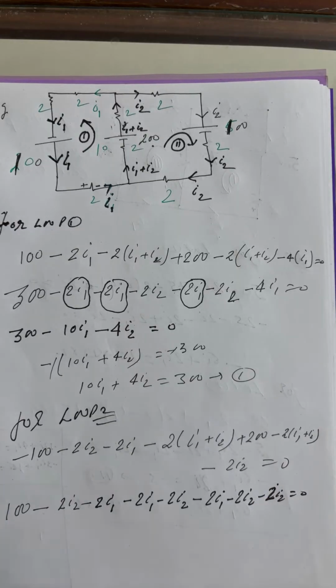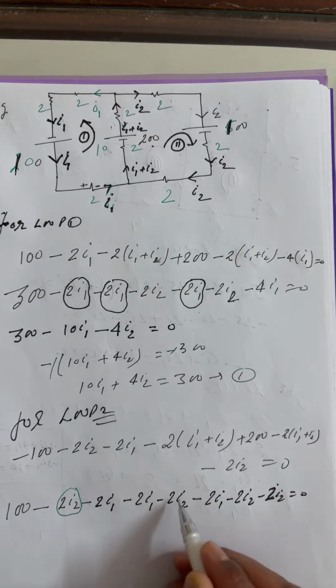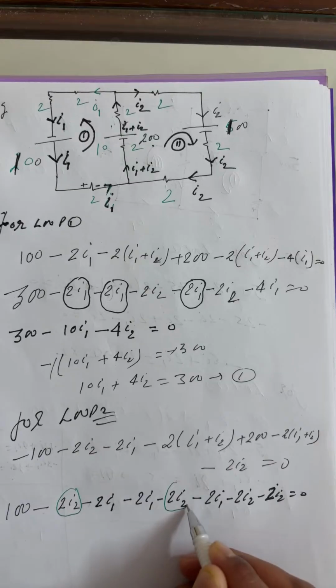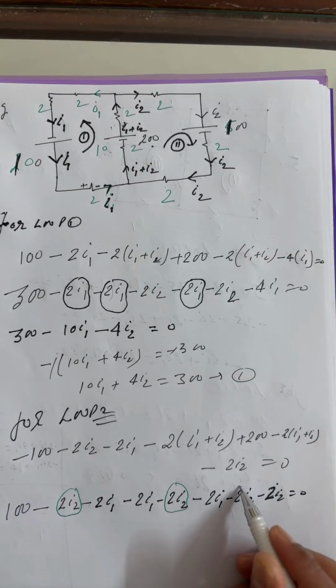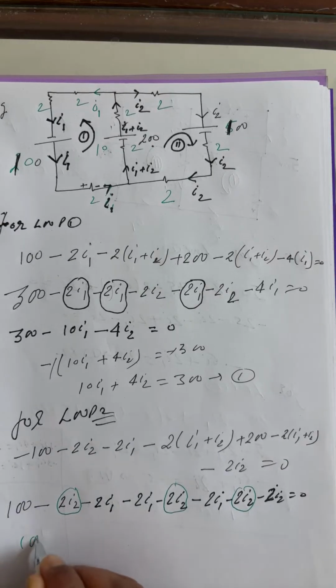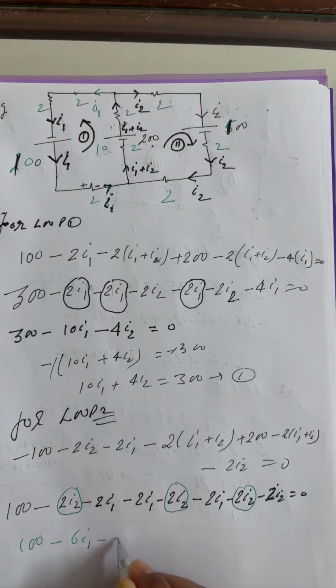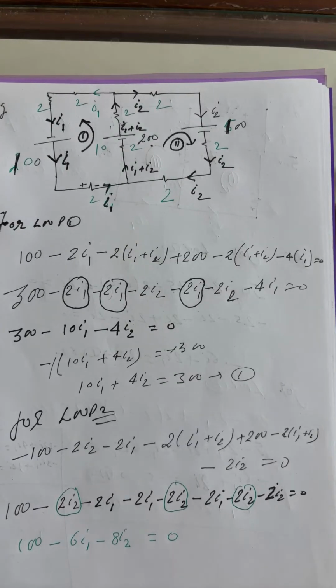It's 2 only. Okay, be careful here. This is minus 2 I2, minus 2 I2, 4 I2. This is 6 I2, 8 beta. So you can say 100 minus 6 I1 minus 8 times of I2, which is equal to 0.